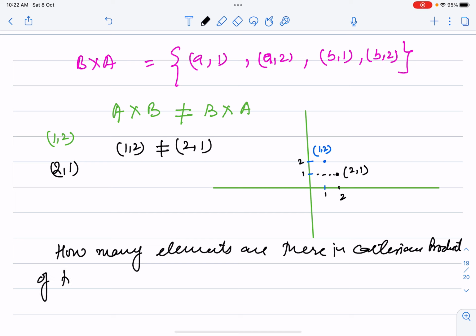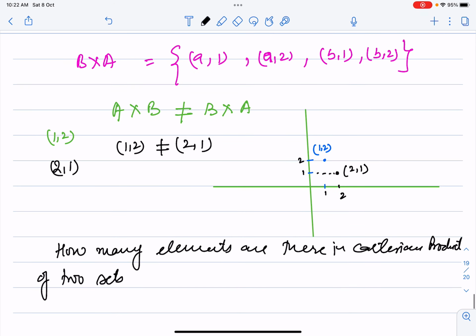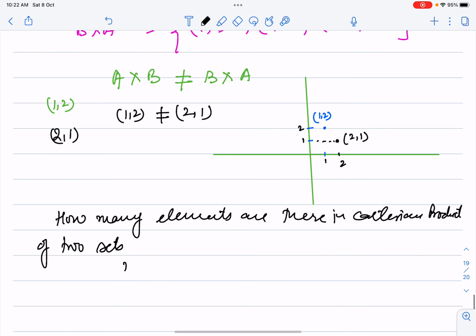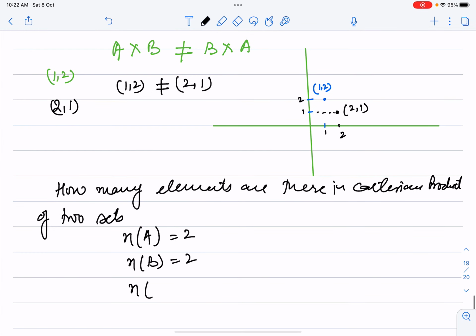In our previous example, the number of elements in A was equal to 2 and the number of elements in B was also equal to 2, and we found that the number of elements in A cross B was equal to 4.